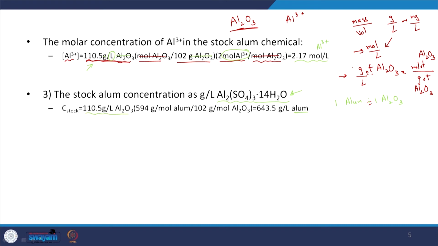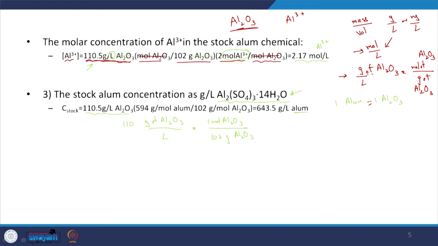And what do we have here? We have 110 grams of Al2O3 per liter of water. If I divide that by the molecular weight, 1 mole of Al2O3 per 102 grams of Al2O3, in effect I am dividing by the molecular weight.